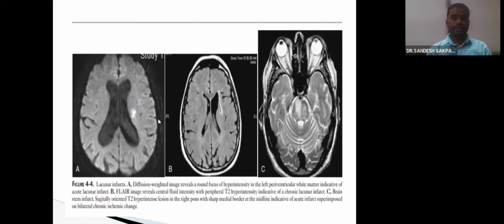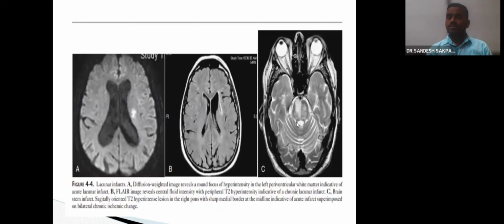So this is the left side and this is the right side. Whenever I see the front, my right side is always the brain's left side, and my left side is the brain's right side. So here is the left side of the brain. We can see the periventricular area is hyperintense, which indicates an infarct in the periventricular area.